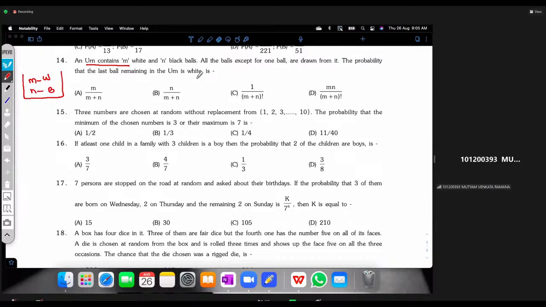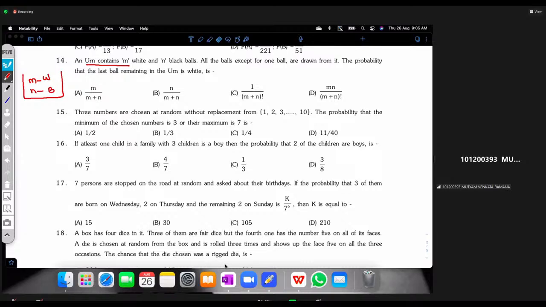Okay. The ball which remains is white. So you are picking the first ball, second ball, third ball, everything is picked up.